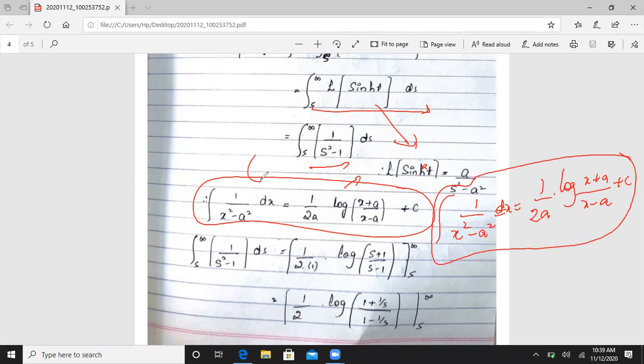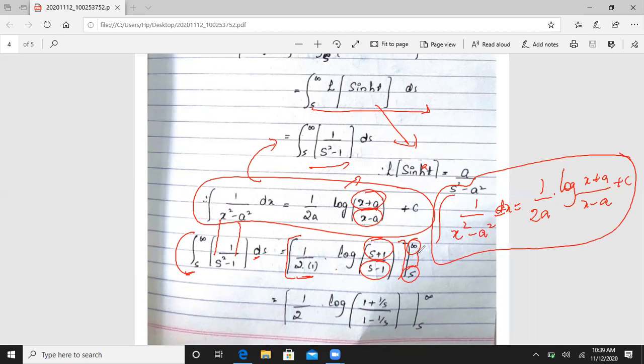So using this formula we solve this function, that is the integration from s to infinity of 1 divided by s square minus 1 ds. Here the x value is s and the a value is 1. It is 1 divided by 2a, into log of x plus a, that is s plus 1, divided by x minus a, that is s minus 1, where the limits are s to infinity.